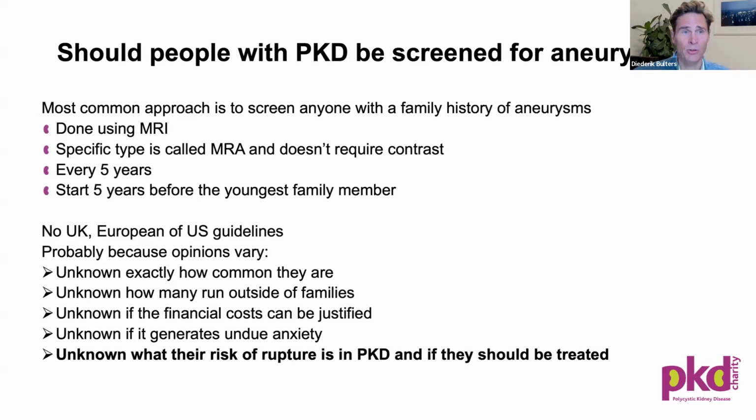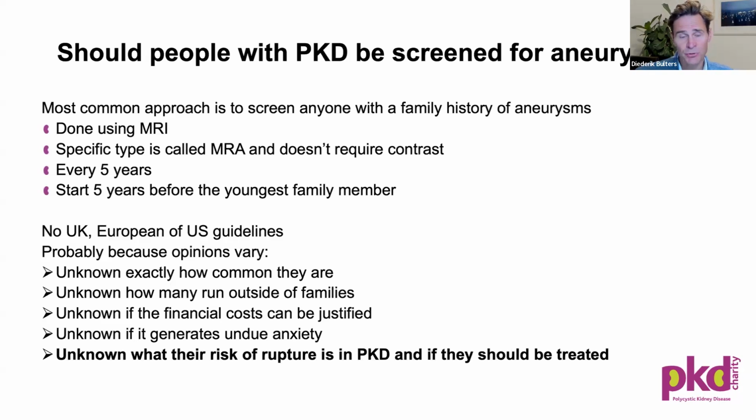But the biggest factor in why there's variation in opinion about screening is that it's unknown what the risk of rupture is if you do find an aneurysm. And if you don't know what the risk of the aneurysm rupturing is, then you don't know whether it should be treated. The most fundamental thing about running a screening program is that if you're going to screen for something, you want to screen for something which is going to cause an action.